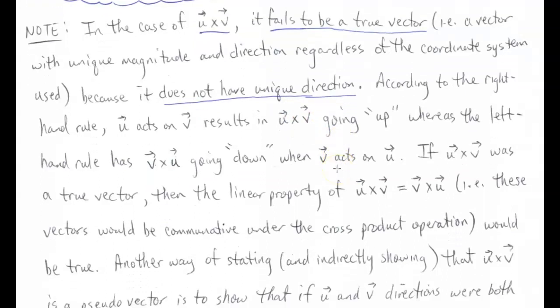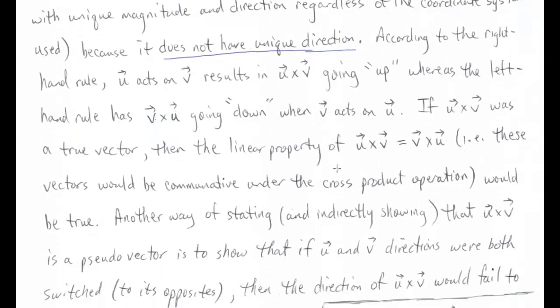I've already talked about that. We saw how when u acts on v, the normal vector, or that u cross v vector, is shooting up out of the plane, whereas if v acts on u, then it's shooting down into the plane.